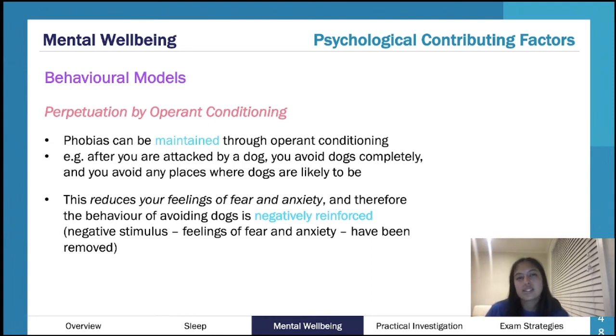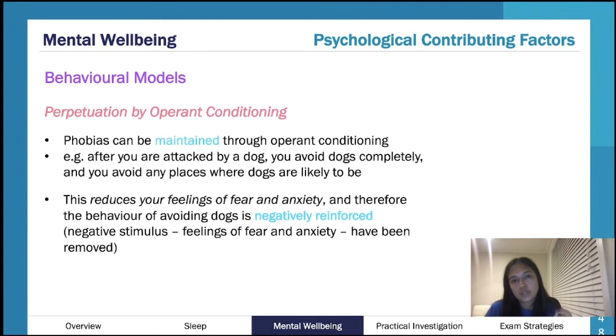So that's why it's this idea of avoidance behavior. So if you're walking and you see a dog and then you run the other direction and go the long way, those feelings of fear are alleviated. So next time you see a dog, you're more likely to do the same thing. Hopefully that makes sense. But it's this idea of reinforcement. You're reinforcing something, so you're making it more likely to occur.